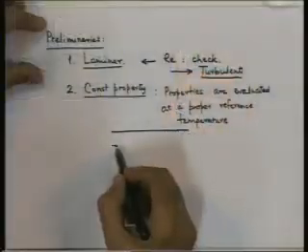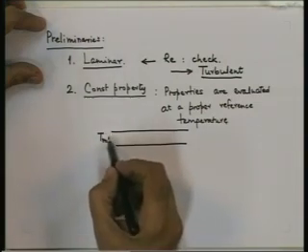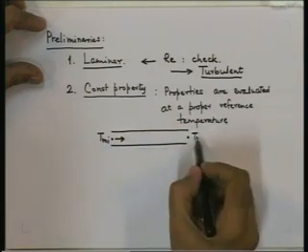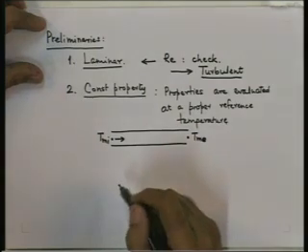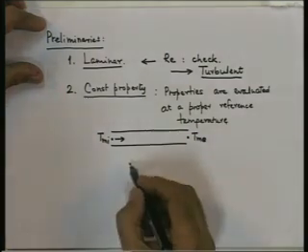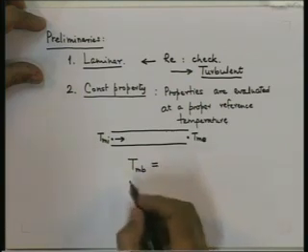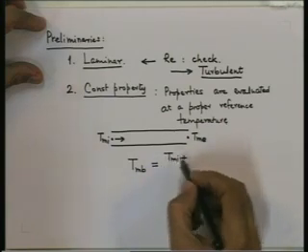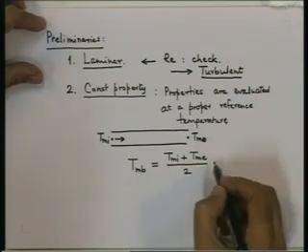For example, if there is a fluid flowing in a tube, Tmi is the mean temperature at the inlet, Tme is the mean temperature at the exit. Quite often the properties are evaluated at the mean bulk temperature, which is the arithmetic average of inlet and exit temperature.